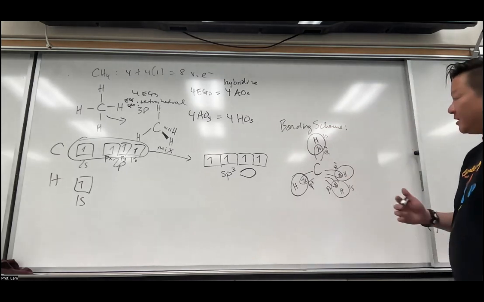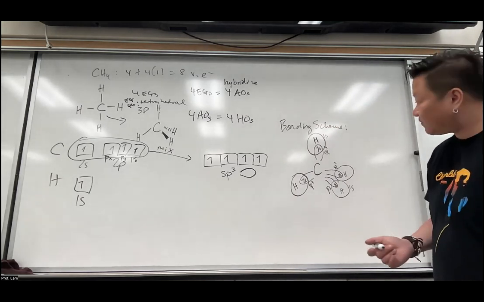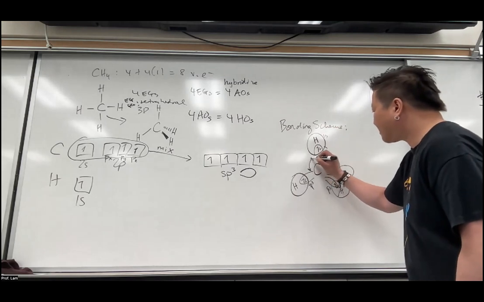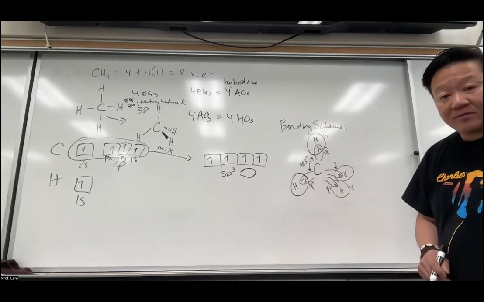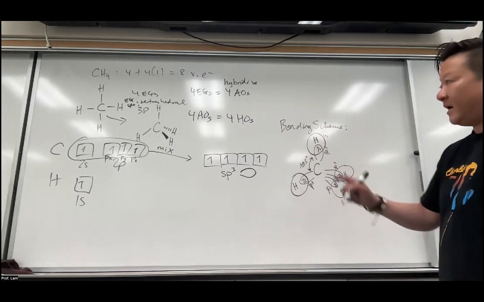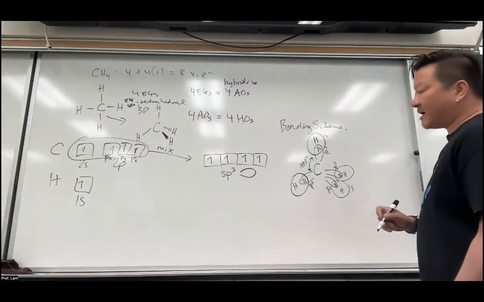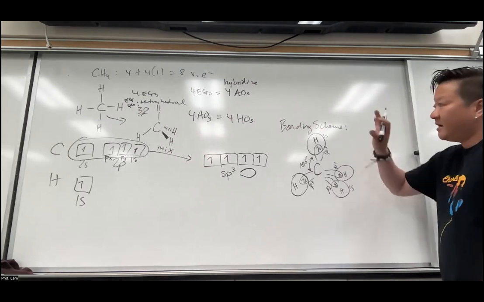Okay. So now I have the correct bonding scheme for CH4. And notice that I'm showing the correct bond angle here. It should be 109.5, right? And not like 90 here, right? So that's why it's good. Always start with the 3D, and use the 3D.